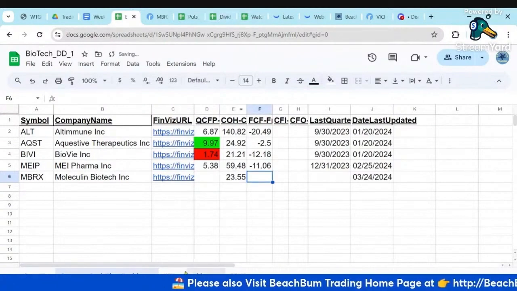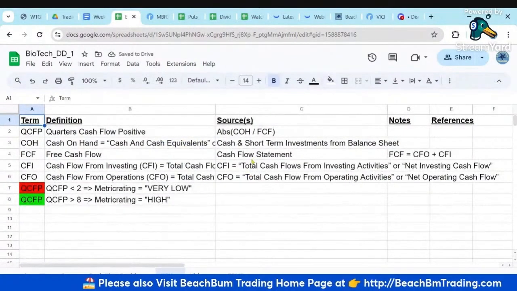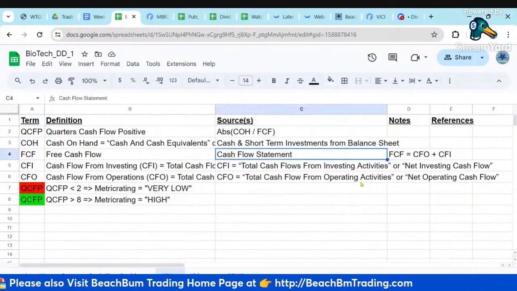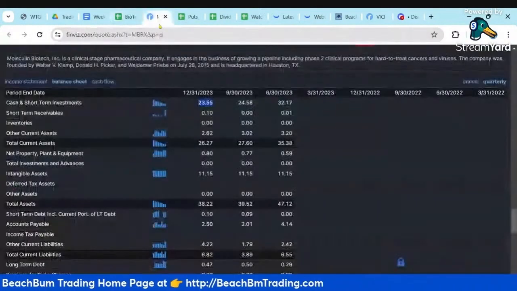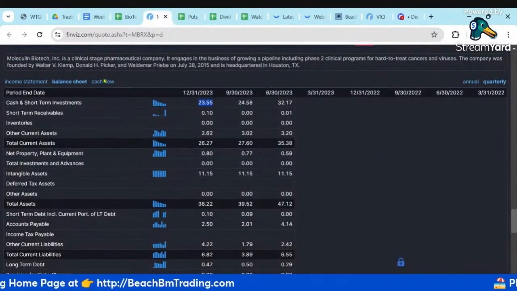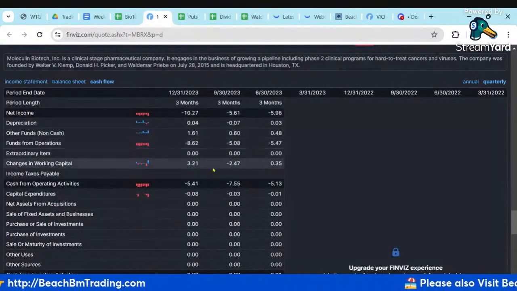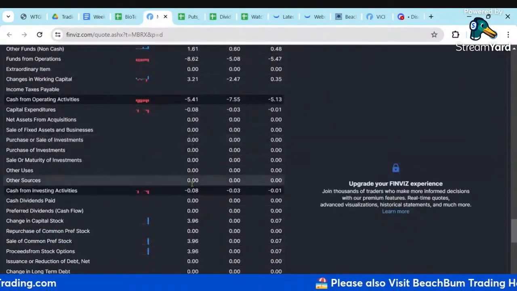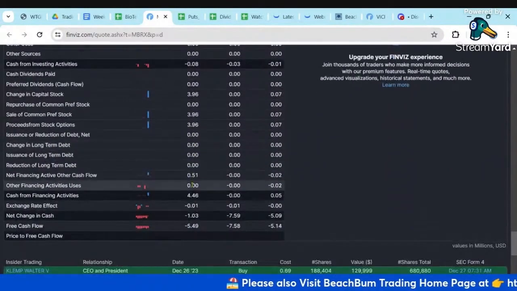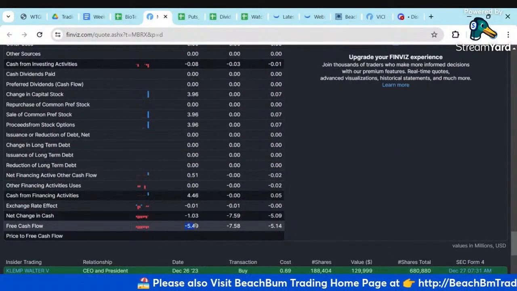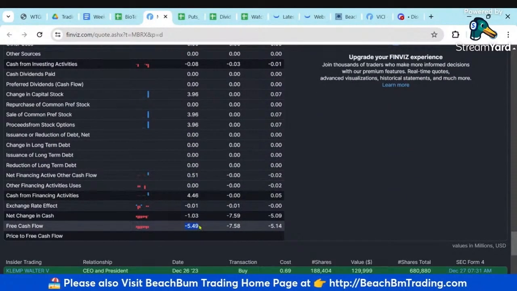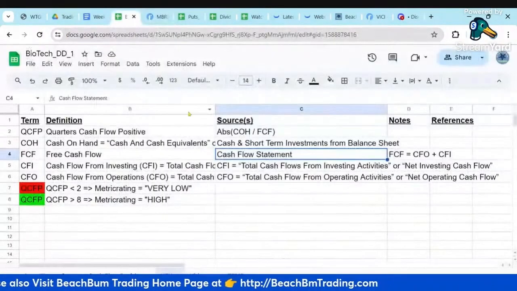Find their free cash flow. Cash flow statement. Find their free cash flow. Negative 5.49. Plug that in.